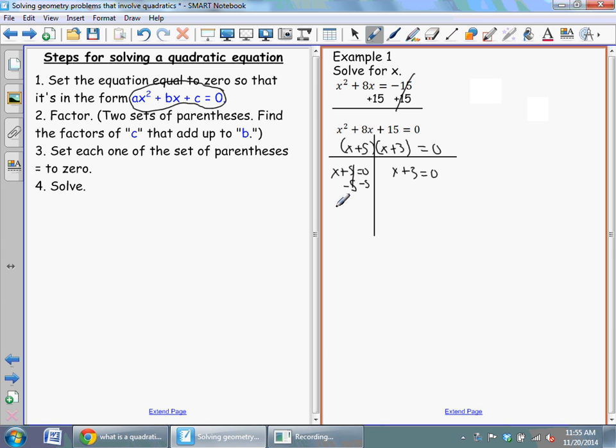I get x equals negative 5 here, and minus 3 here, and I get x equals negative 3. So the solution is x equals negative 5 and x equals negative 3. So you have 2 solutions in quadratic equations. All right, let's continue.